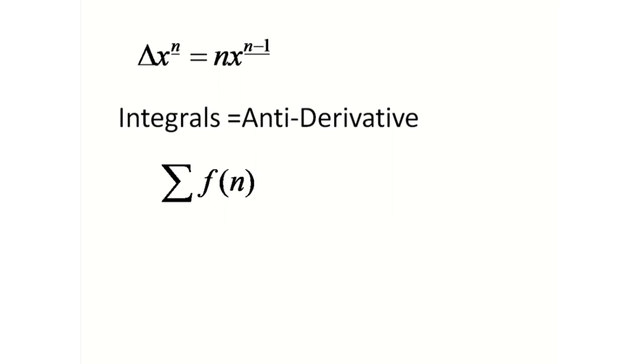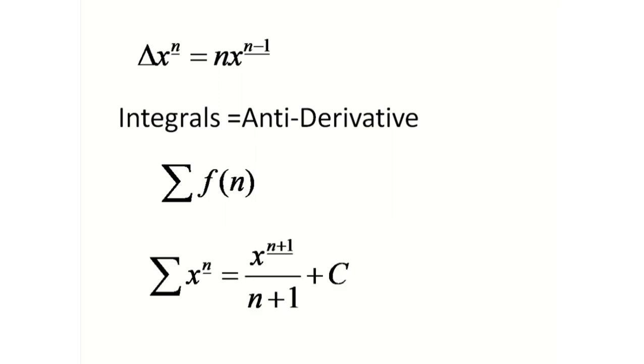So our integrals for finite calculus are summations, or the summation operator, which is denoted by sigma from the Greek alphabet. And similarly, we can define power rules for our summation operator, which is the summation of x to the factorial power n is just x to the factorial power n plus 1 divided by n plus 1, plus c. We don't have to forget our plus c in here also.